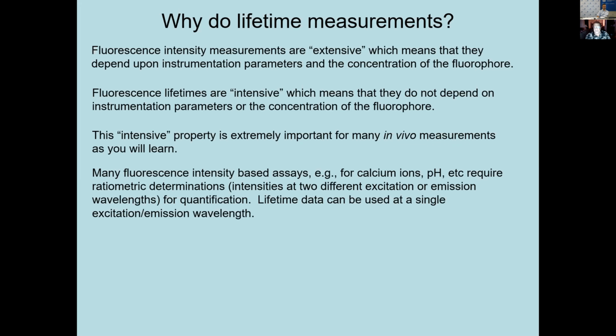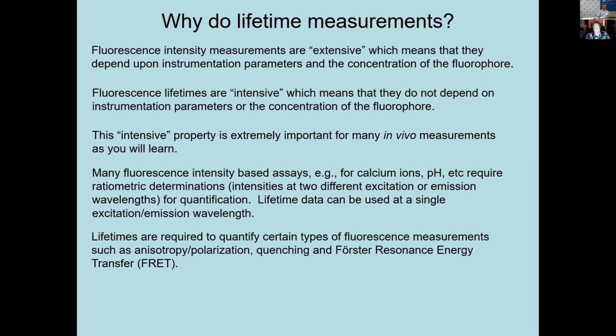But lifetime data can be used at a single excitation or emission wavelength because of this intensive property. And you need lifetimes also to quantify certain types of fluorescence measurements, such as anisotropy, polarization, quenching, and certainly Forster resonance energy transfer, which will be a big focus of this course.